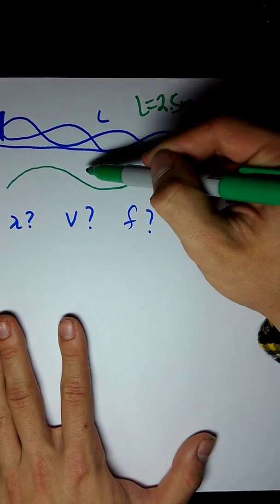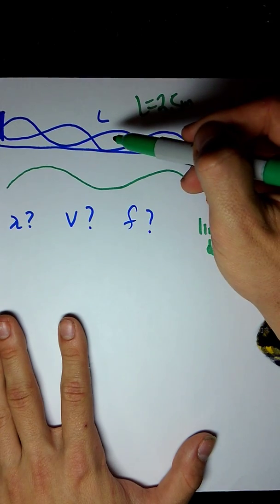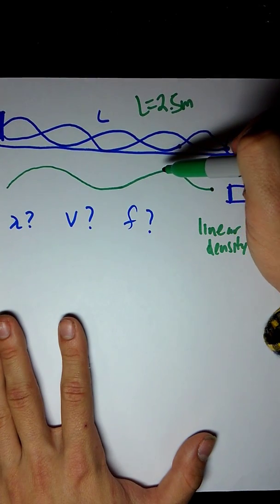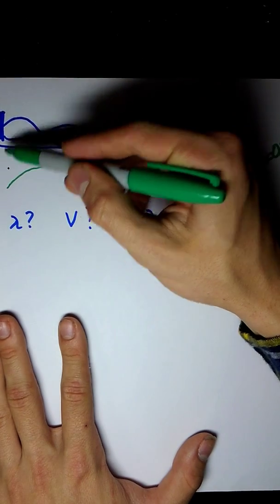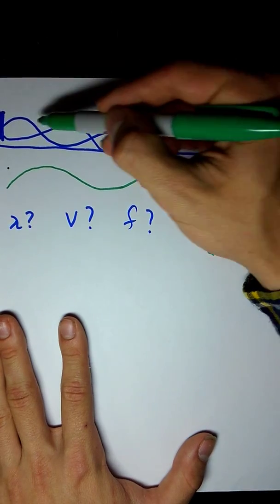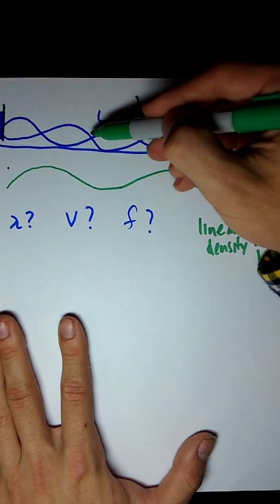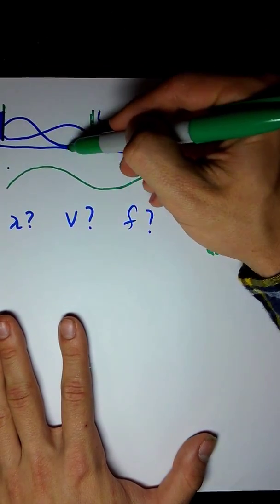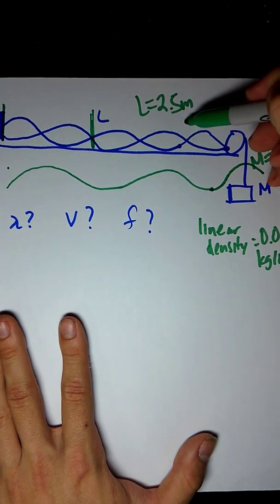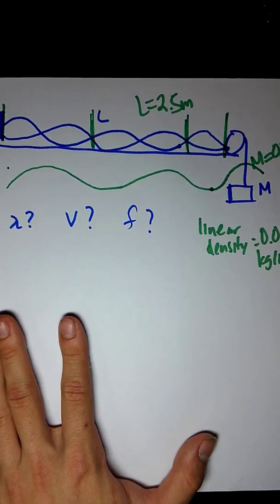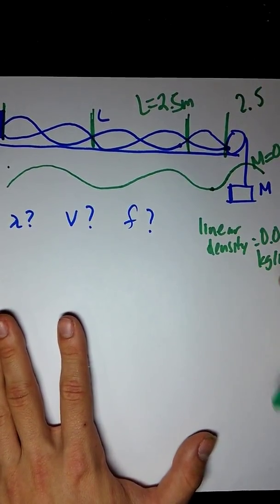This isn't the best drawing, but what I could see here is that when I drew this out, I have a wavelength going from here, okay? So if I start here, I have one going to there, right? That's one wavelength, right? Now I start there again, and I go to here. That's a second wavelength and a half, okay? So I have 2.5 wavelengths in that.